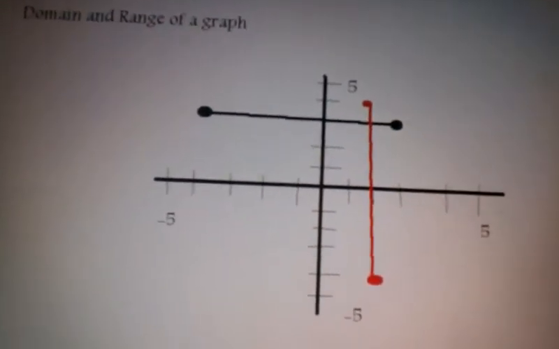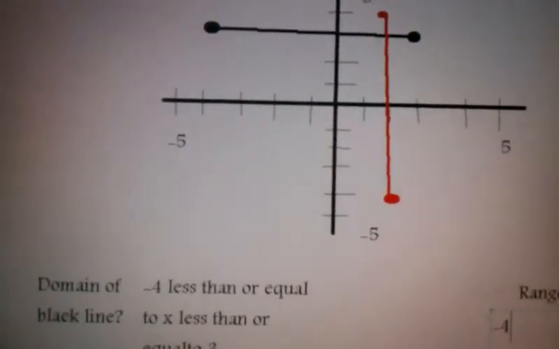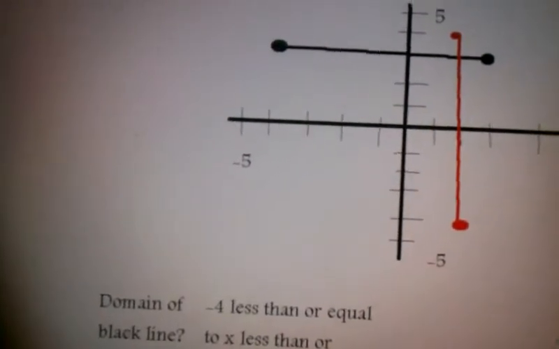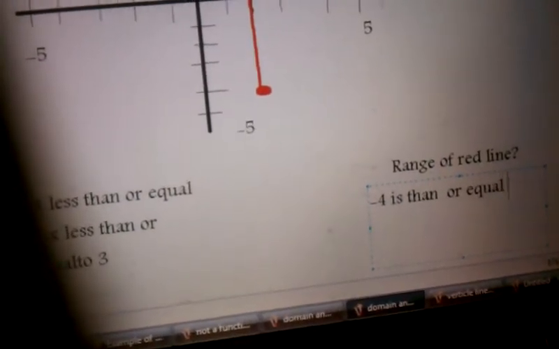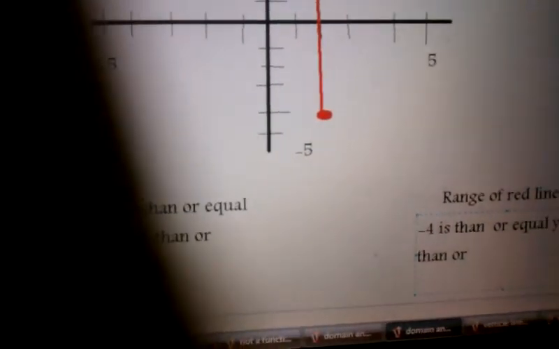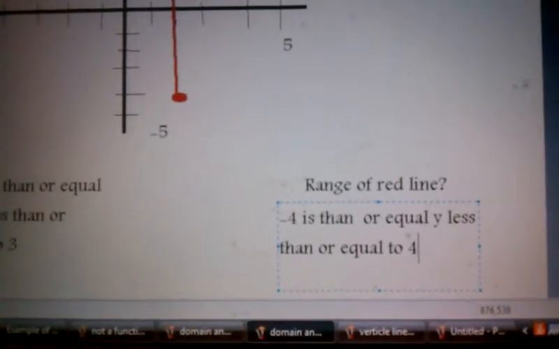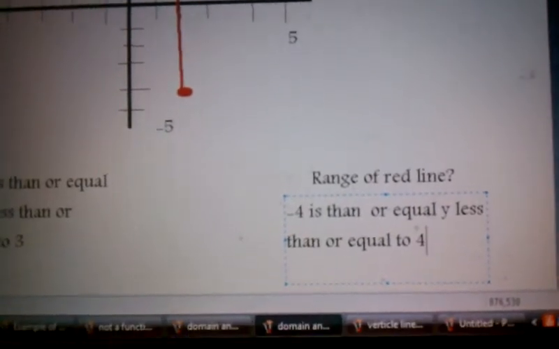Therefore, the range of the red line would be -4 is less than or equal to y, which is less than or equal to 4. The range of the red line is -4 is less than or equal to y, which is less than or equal to 4.